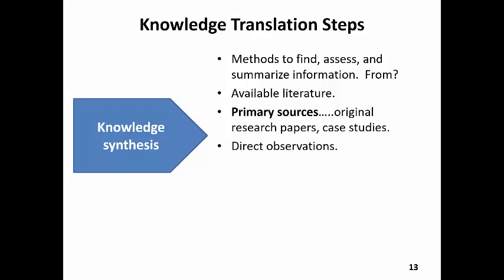And these are direct observation types of studies where the researchers will directly obtain information in the form of data from individual cases, so people or other types of research models used in the laboratory.